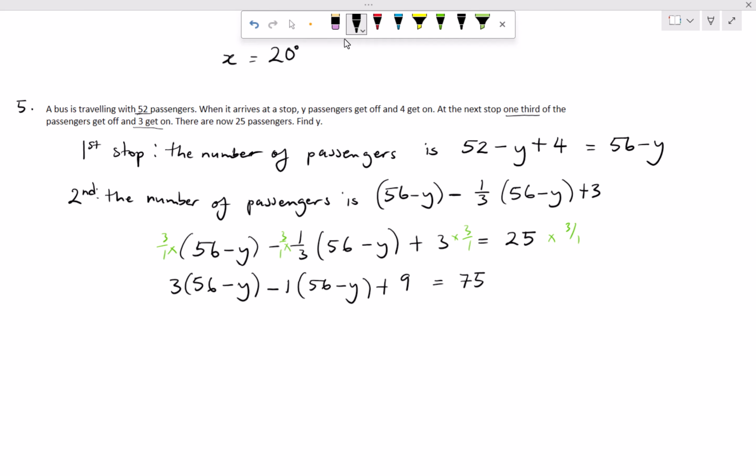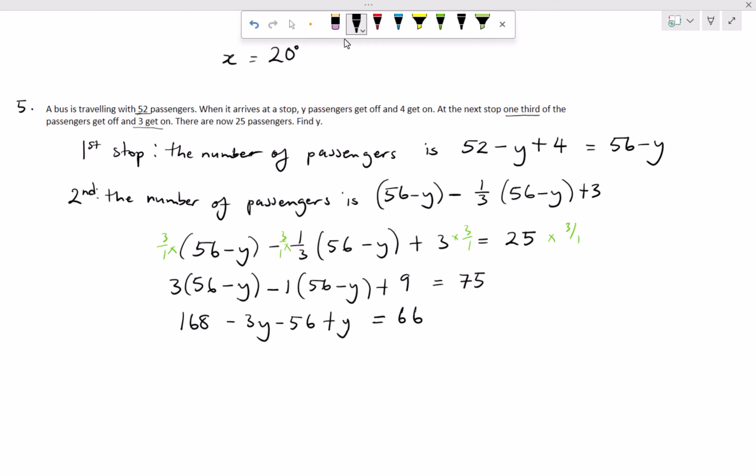Now let's expand. We end up with 168 minus 3Y minus 56, and minus and the minus give us plus Y. And then this 9, we can take it to the other side, and that gives us 75 minus 9, that's 66.